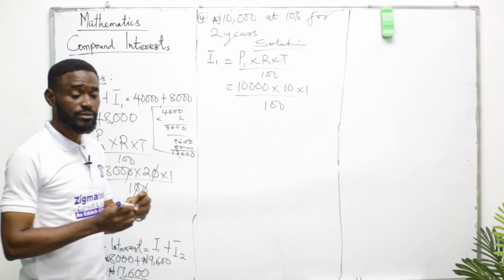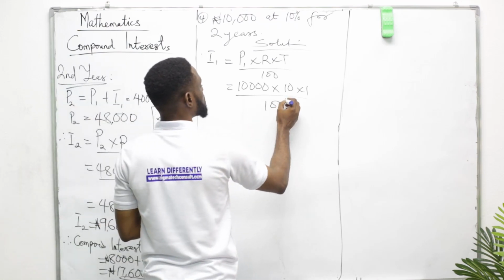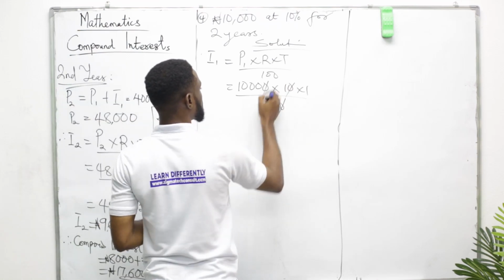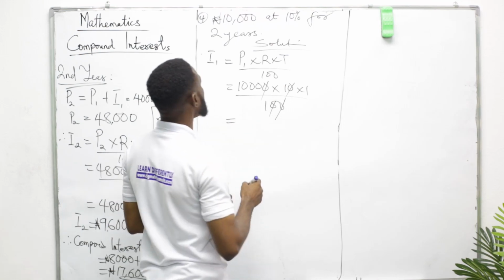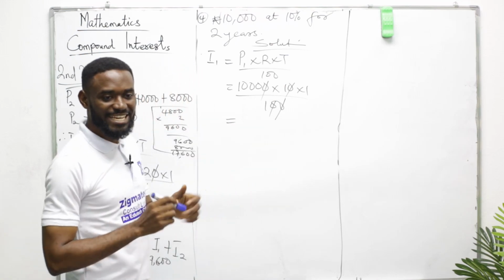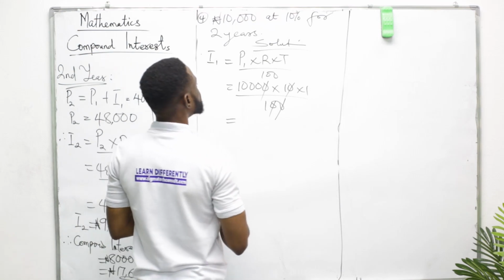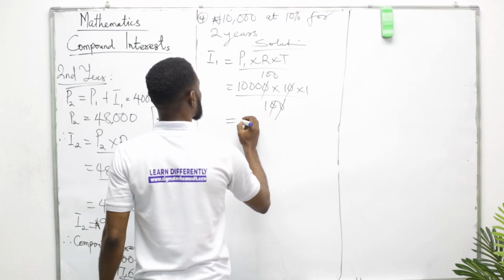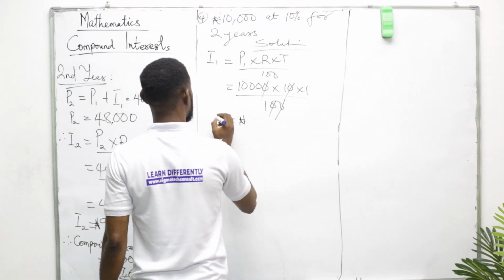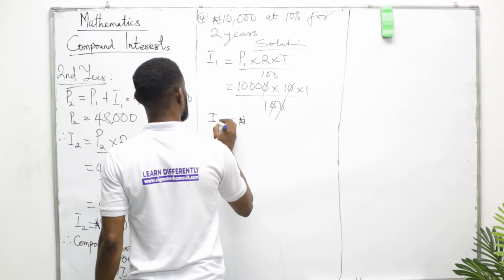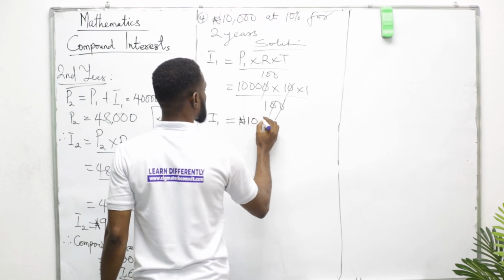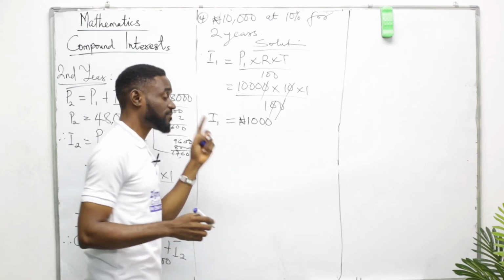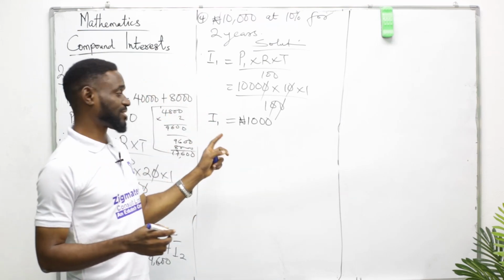Is that okay now? All right. So this removes this, this removes this. So the interest of Bosse in the first year is going to be 1,000 naira only. So in the first year, Bosse is getting 1,000 naira.